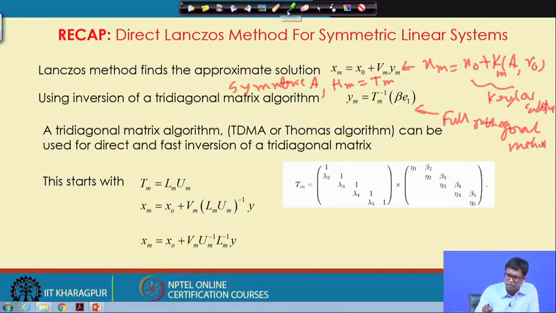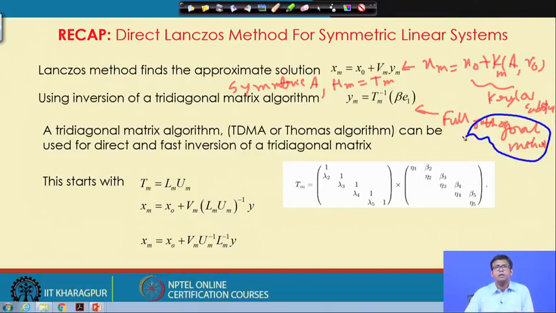So, essentially it shows that this is an orthogonal method, where y m is found by inverse of the Heisenberg matrix, which is now a tridiagonal matrix. And a TDMA type of algorithm, the tridiagonal matrix algorithm, can be used for direct inversion of the tridiagonal matrix. This starts with the step that T m, the tridiagonal matrix, is a product of a lower triangular matrix and an upper triangular matrix. So, I can write T m is equal to L m into U m.